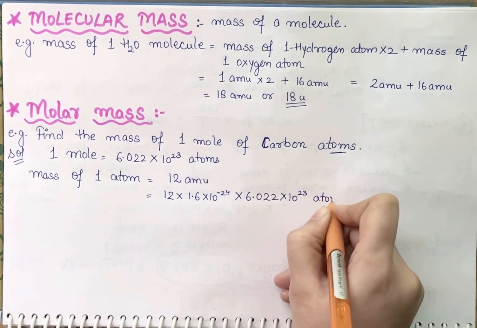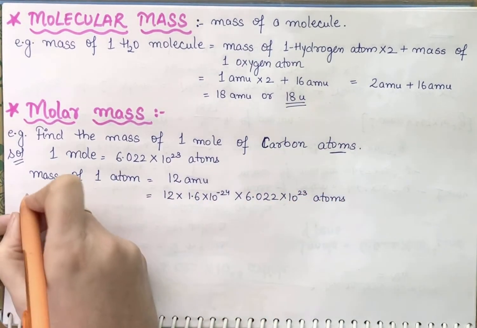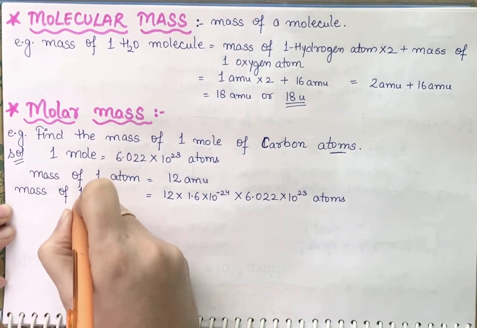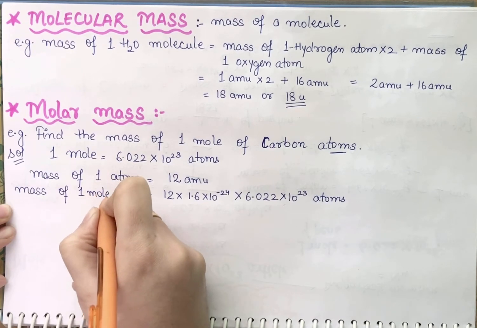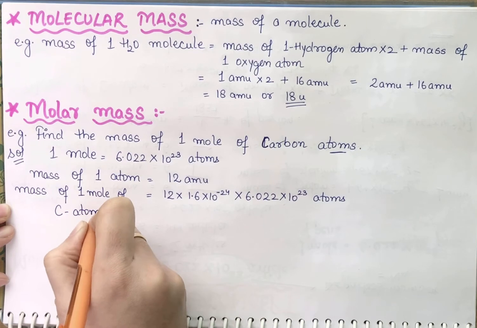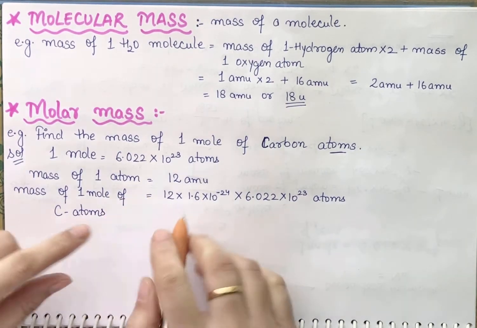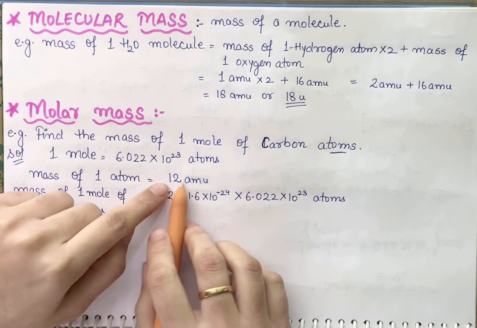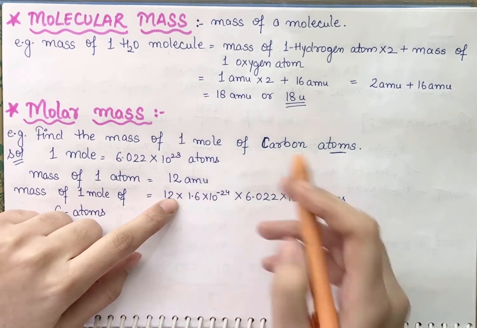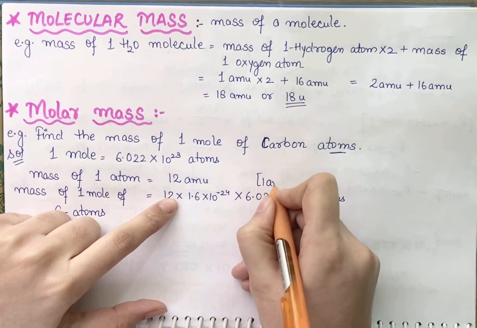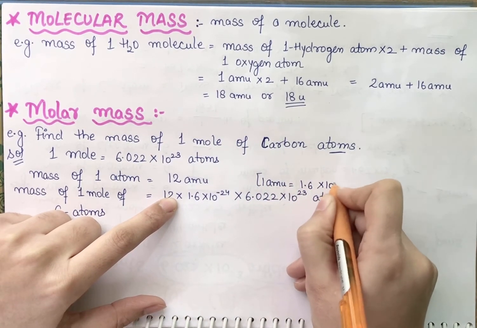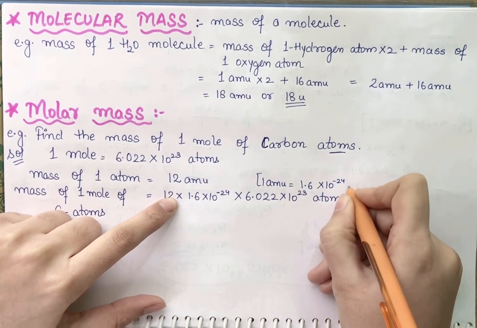If I want to find the mass of 1 mole of carbon atoms, you can write over here: mass of 1 mole of carbon atoms is equal to 12. So I'm having the mass of one atom equal to 12 into AMU. I know that 1 AMU equals 1.6 into 10 raised to power minus 24 gram, right?